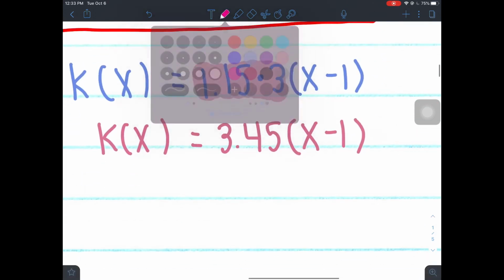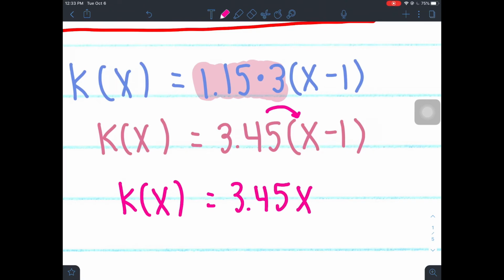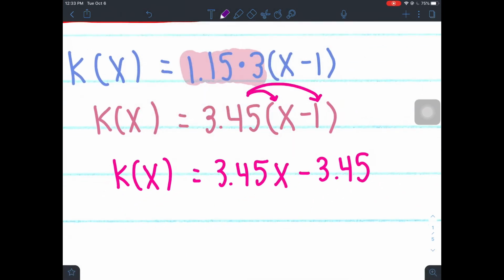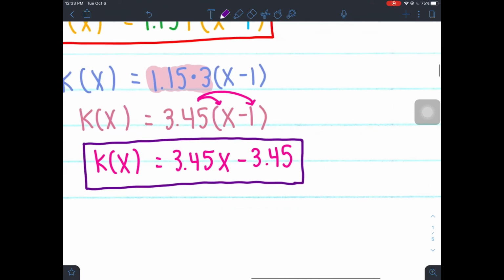And then we want to simplify by distributing. So we're going to do 3.45 times x, which is going to be 3.45x. And then 3.45 times negative 1 is going to give us negative 3.45. All right, so is there anything else that we can do to this equation? Nope, we've simplified it as far as we can. We don't have any like terms anymore. So this is our final equation that is simplified.